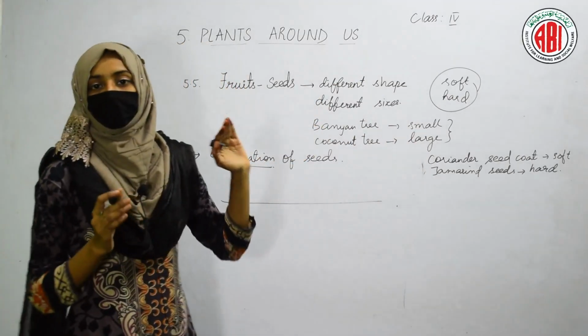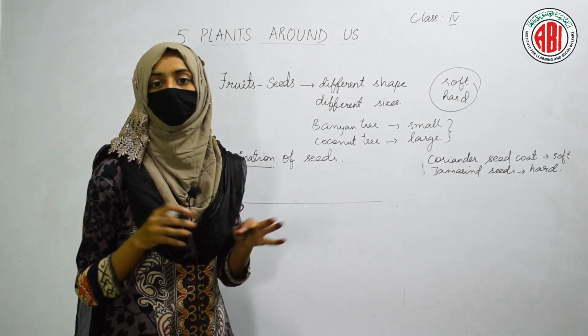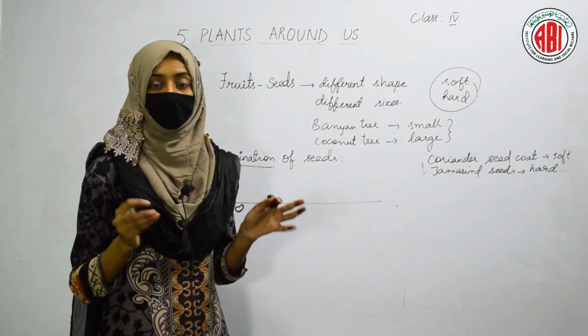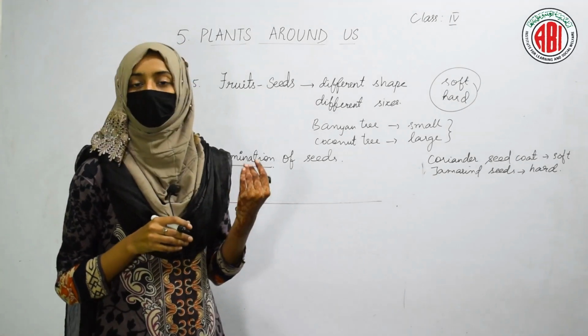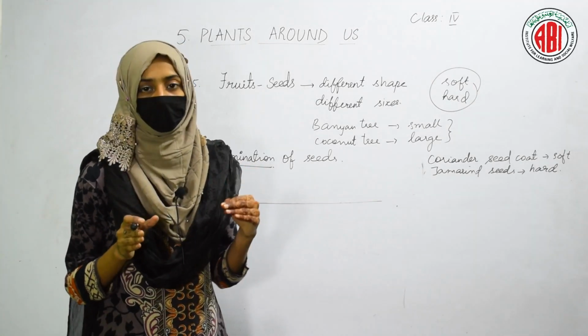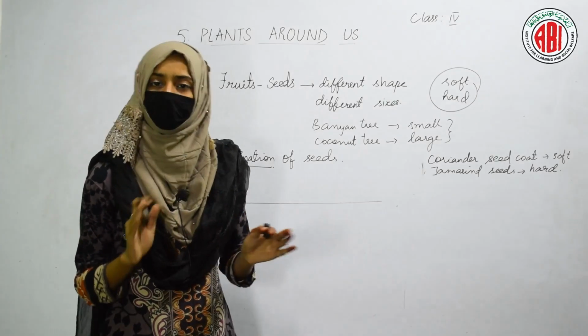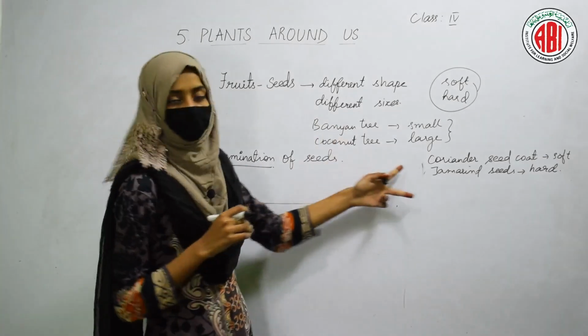Now he put both of these seeds into different pots, and then he watered both of the pots every day, and he also put the plants under the sunlight. That means he maintained all the factors in order to germinate both types of seeds.